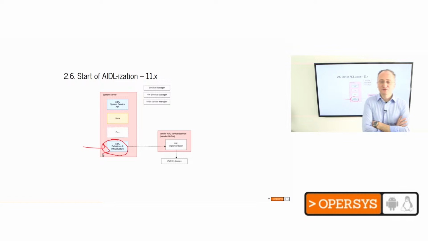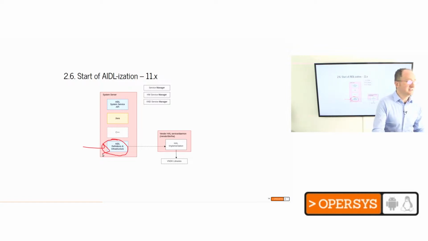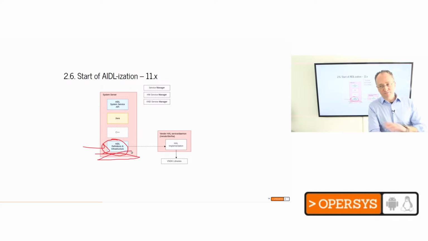And to their credit, there aren't any of those 2s or 3s in the actual tree right now in the hardware interfaces directory. So presumably this works in some way, shape, or form. Or maybe I'm missing something. But anyhow, the major and minor numbers were the things that I really liked about HIDL. But anyway, right now we're using AIDL, and we are fully into this world now. The HIDL stuff is gone.